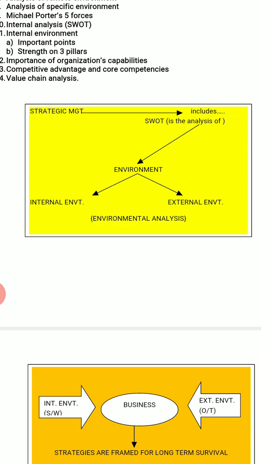So when we talk about the word environment here, we take two types of environment: one is the internal environment, the other is the external environment. And when we study in depth the different factors related to the internal and external environment, in short, it is said to be environmental analysis, on which the whole chapter that we are studying right now depends. The study of these two factors is what unit number 3 is all about, right?